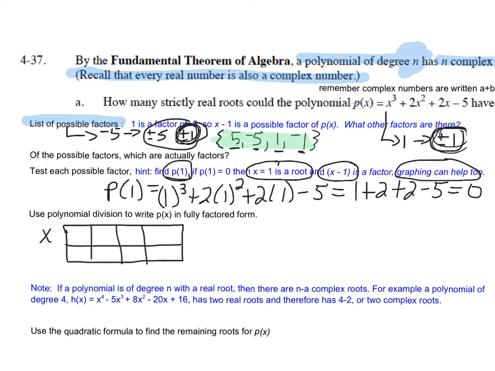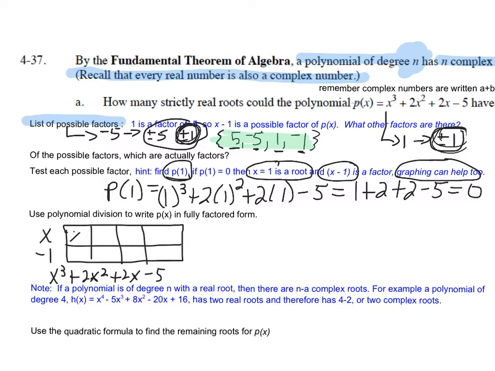And I'm going to take x minus 1, because that's my factor, and using that polynomial division, I want to end up with x squared plus 3x plus 5, dividing into x cubed plus 2x squared plus 2x minus 5.